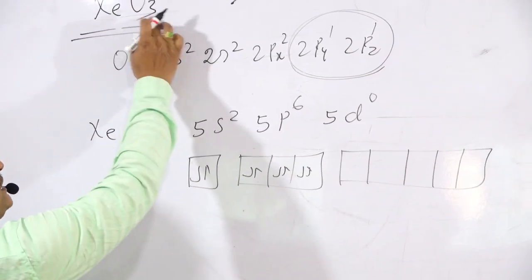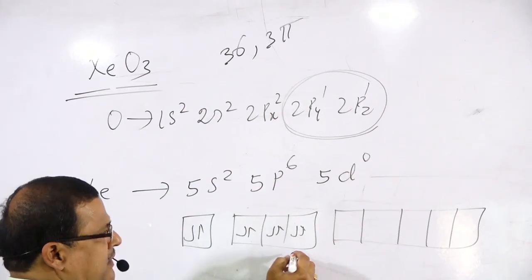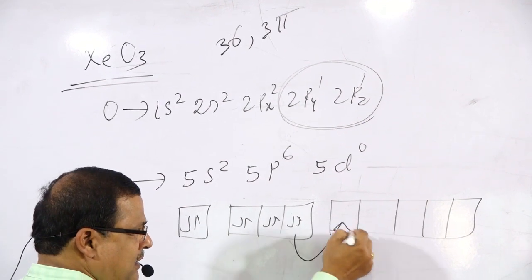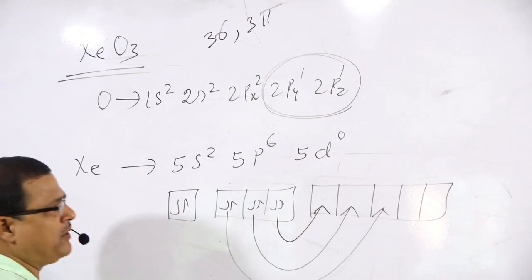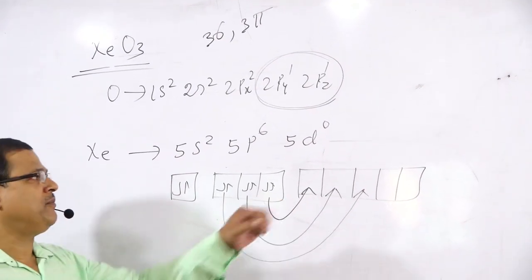So there is the chance of formation of 6 bonds, meaning 3 paired electrons will be unpaired, and there is the formation of 6 unpaired electrons.